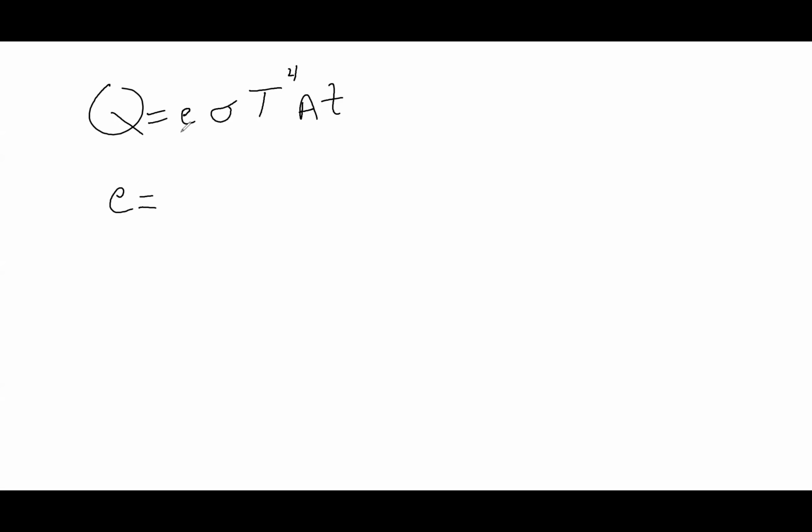So that is the emissivity constant. It's a ratio. For visible light, I think it's about 0.80, or some range close to that.